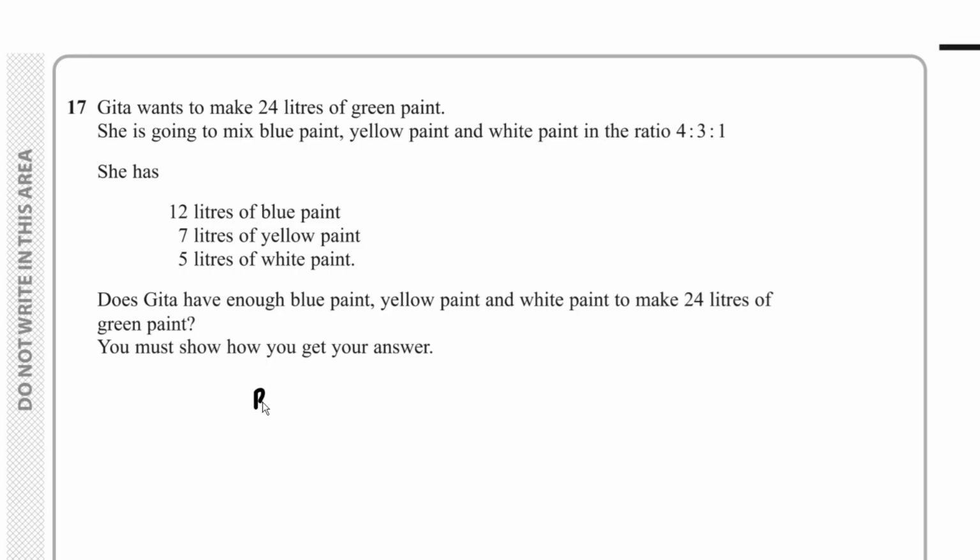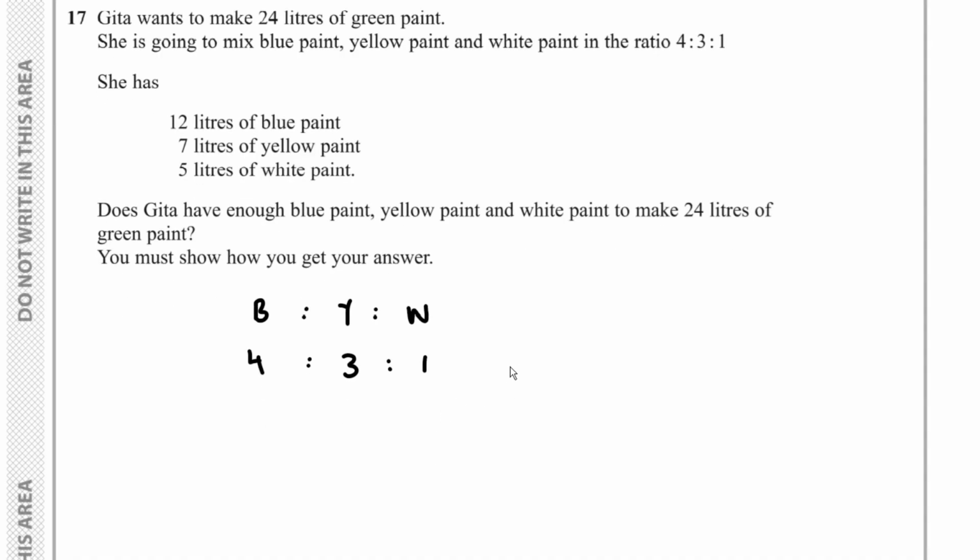So I've got blue to yellow to white being in the ratio of 4:3:1. What we want in total is 24 litres to make green paint. So let's make a total column.